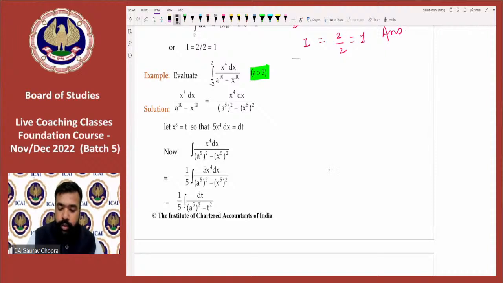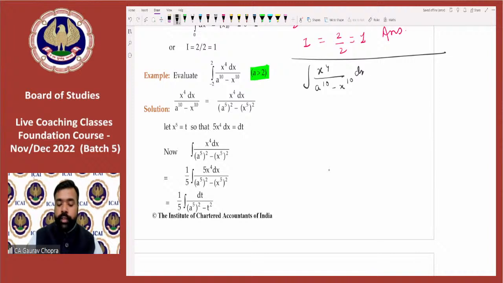The integral is x to the power of 4 divided by a to the power of 10 minus x to the power of 10 dx, with limit from minus 2 to plus 2. At some stage we can apply the property of 2 times and then from 0 to 2. We will try this at a later stage, but before that we have to integrate and simplify.